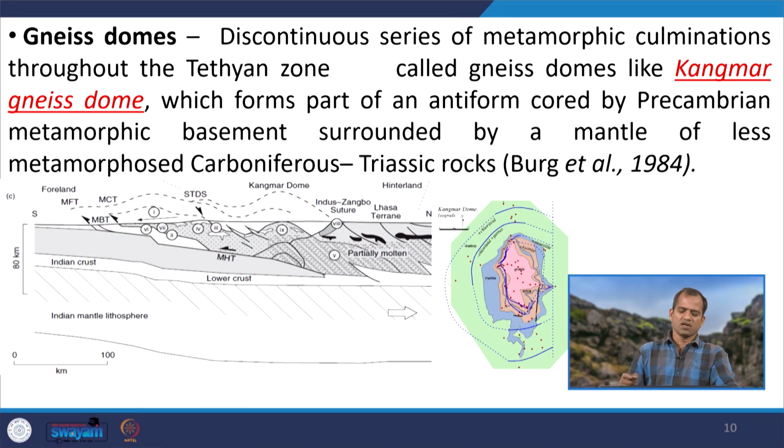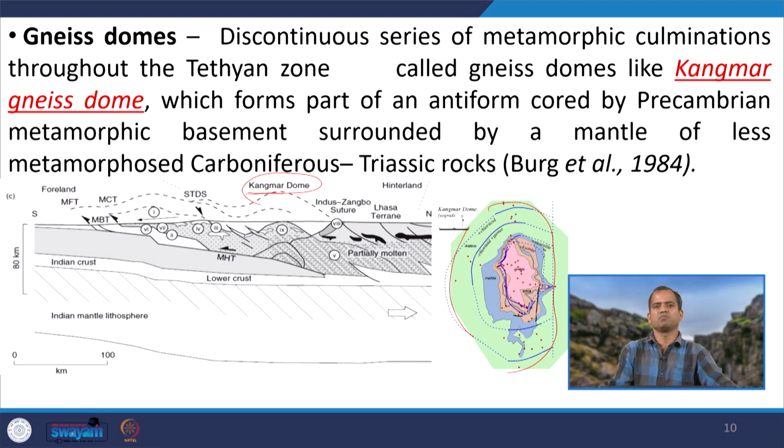Then we have a prominent gneissic dome, called the Kangmar dome. Here is the geological map of the Kangmar dome itself. What it says is that this discontinuous series of metamorphic culminations throughout the Tethyan zone is called the gneissic dome, or the Kangmar gneissic dome, which forms part of an antiform cored by Precambrian metamorphic basement surrounded by a mantle of less metamorphosed Carboniferous to Triassic rocks.